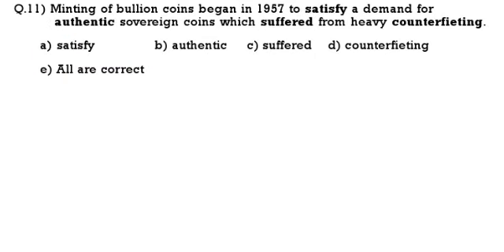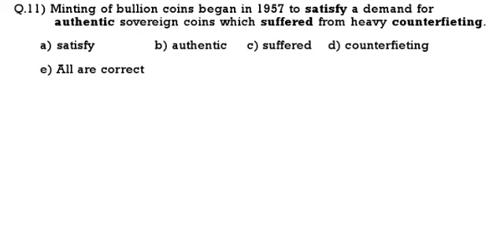Minting of bullion coins began in 1957 to satisfy a demand for authentic sovereign coins which suffered from heavy counterfeiting. So here also we should see which one is inappropriate or whether any spelling mistake is there. The sentence tells us how minting of bullion coins began to satisfy the demand for authentic sovereign coins which suffered from heavy forging.